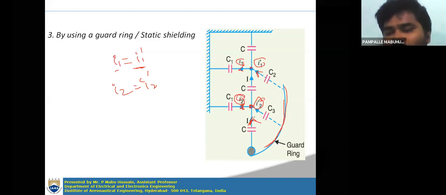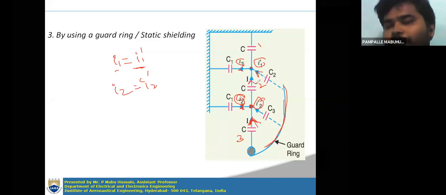The current flowing through disc 3, this third disc, this is the second disc, and this is the first disc, and the current flowing through disc 2 will become the same. In a similar manner, as these two currents I1 and I1 dash are the same, this current will flow through this disc also.